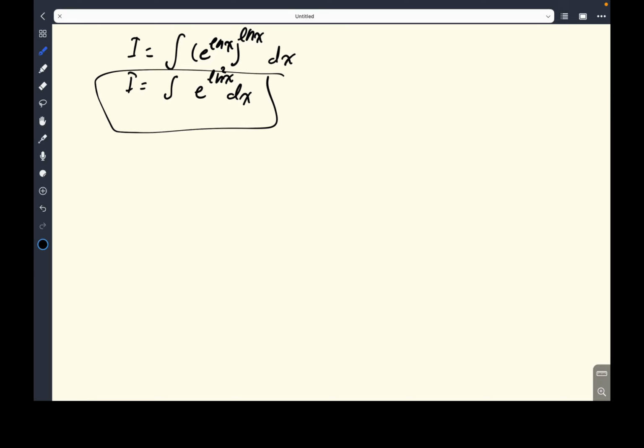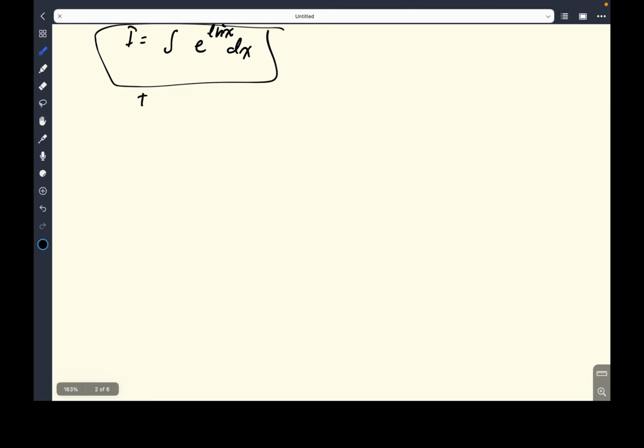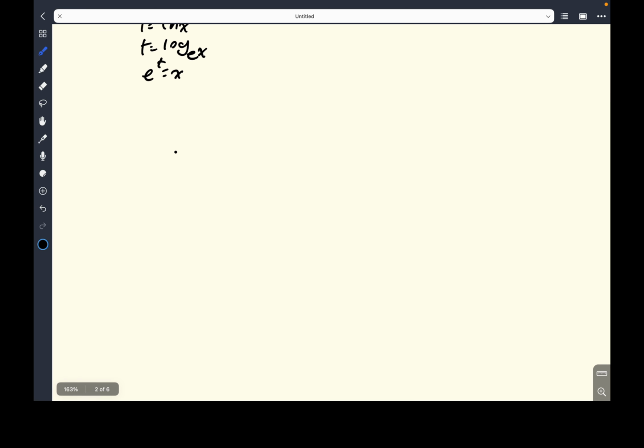So far we've gotten here. Now I'm going to let t be equal to ln x, and ln is just the log base e of x, and we can write it also as e to the power of t equals x. And if I differentiate both sides, I'm going to get dx is e to the t dt.